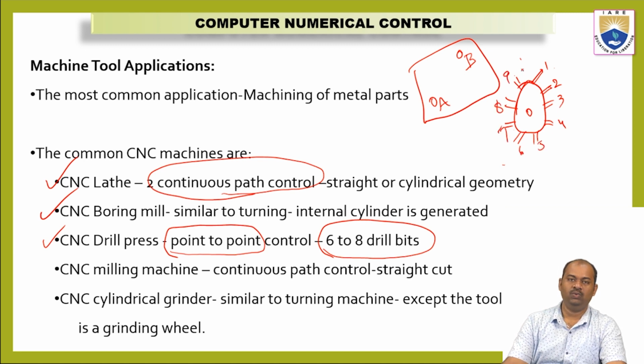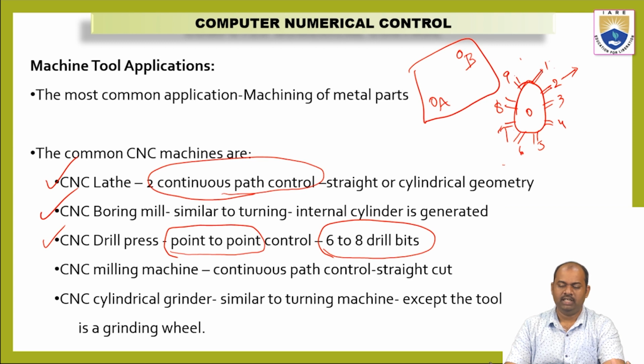More than one tool can be attached to this tool post, and this tool post can be rotated. Suppose I have position 1, what happens is tool 1 will be touching the workpiece. Now if I change the position slightly, now I have position 2. Now tool 2 will be touching the workpiece.